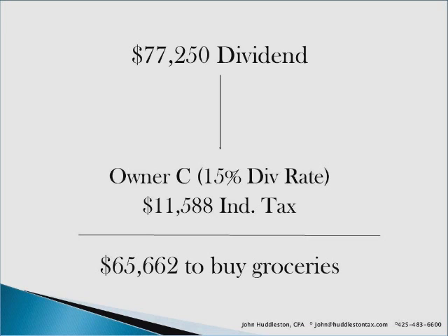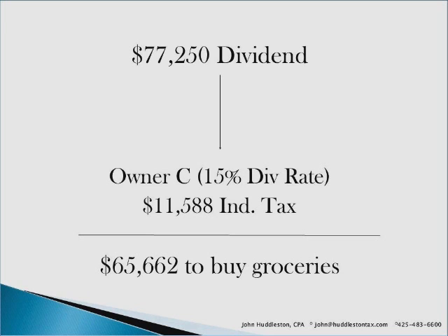Now, before the Bush tax cuts, that dividend was taxed at our ordinary income tax rate, which about a decade ago had a highest rate of 39.6%. But now you get that preferential dividend rate of 15%, keeping in mind that this is the second time this income's been taxed.